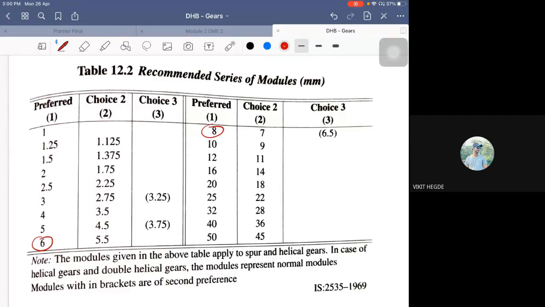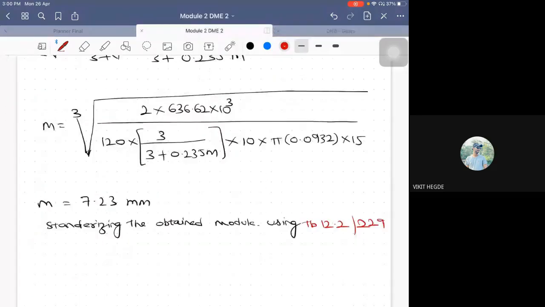Exactly. You always select a larger number, because when you select a larger number, it accounts for more factor of safety. Taking that into concern, I would standardize my module to 8 mm.